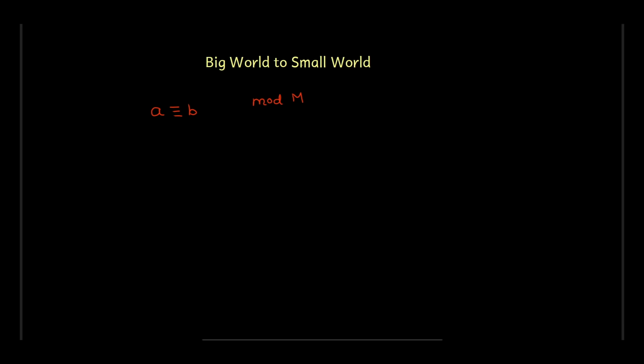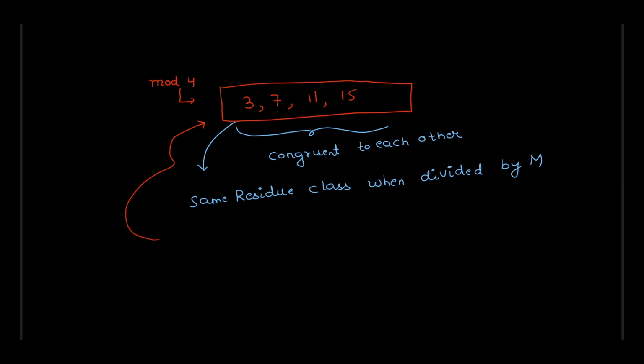Now, can you find any smaller world in which these two numbers will still be the same? For example, in the modulo 4 world, 3, 7, 11 and 15 are considered practically the same number. But is there any smaller world in which these are also considered practically the same number? Yes, that world is modulo 2.